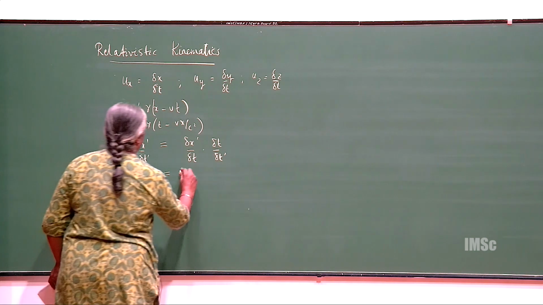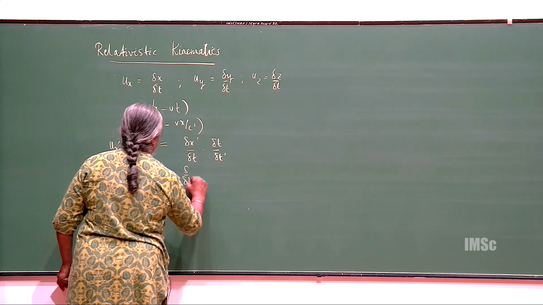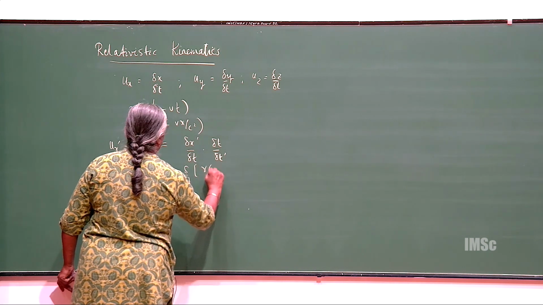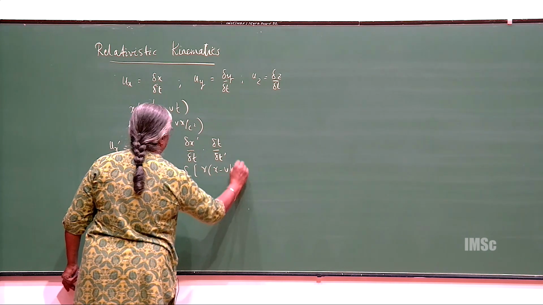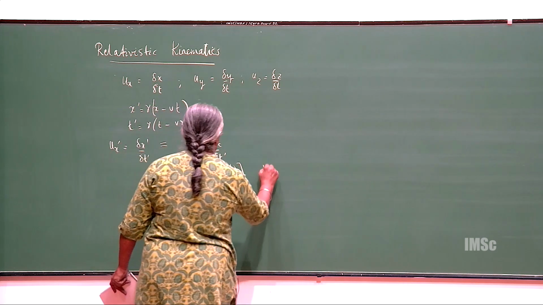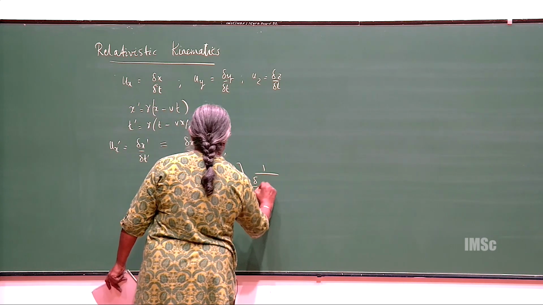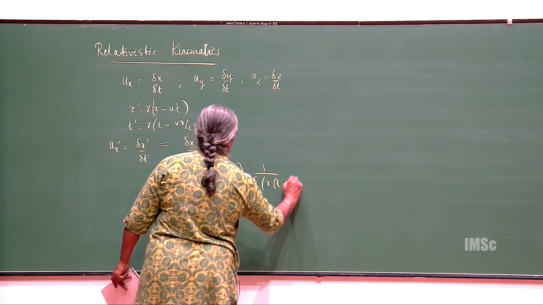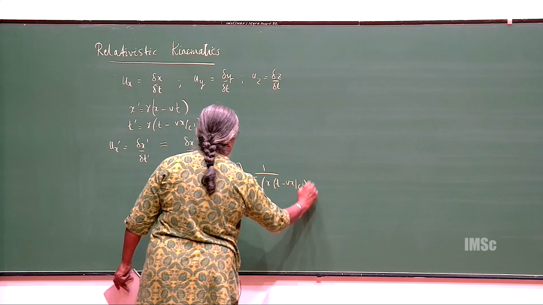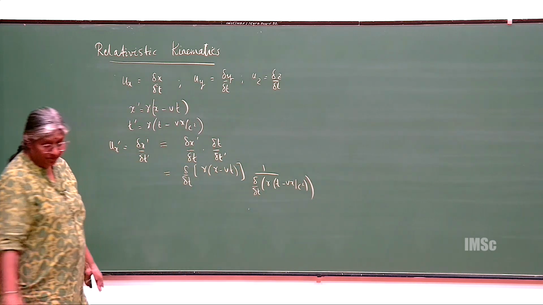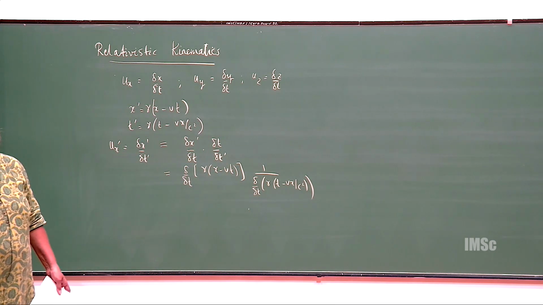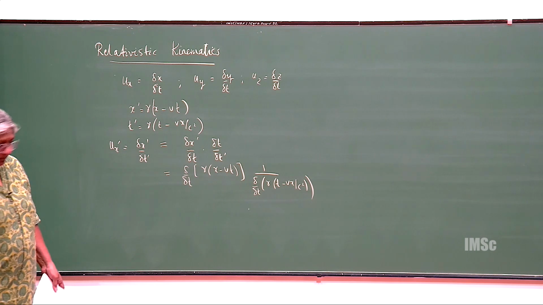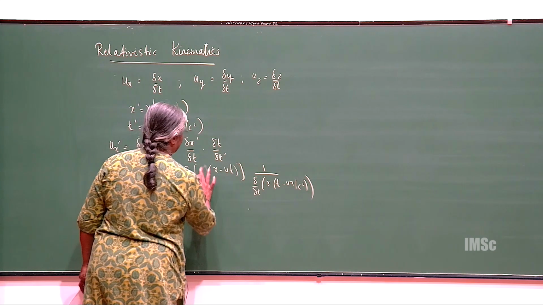Let's write them down: delta by delta t of gamma times x minus vt, and 1 by delta t of gamma times t minus vx by c squared. And what is gamma? Is gamma a function of t? No, so I can remove the gammas.